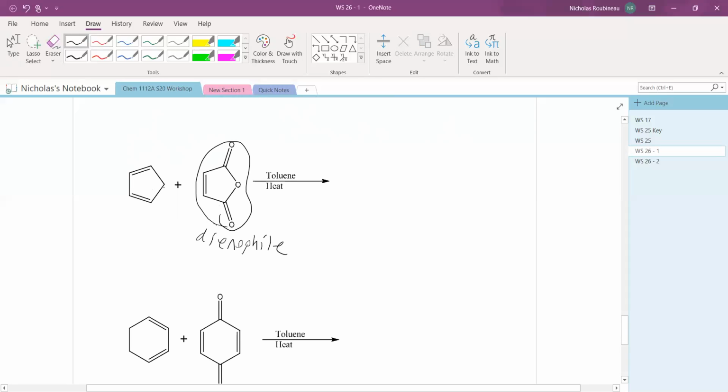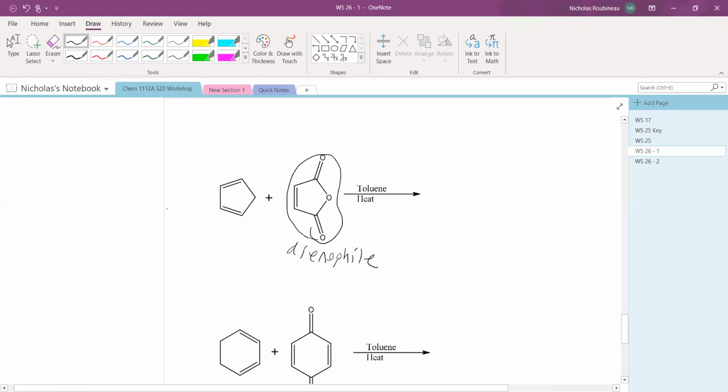It wants to react with a diene, just like an electrophile wants electrons. And I don't know how much of this you need to know because I don't know what he covered in class, but you usually want to have an EWG right next to the double bond, and this is an electron withdrawing group.